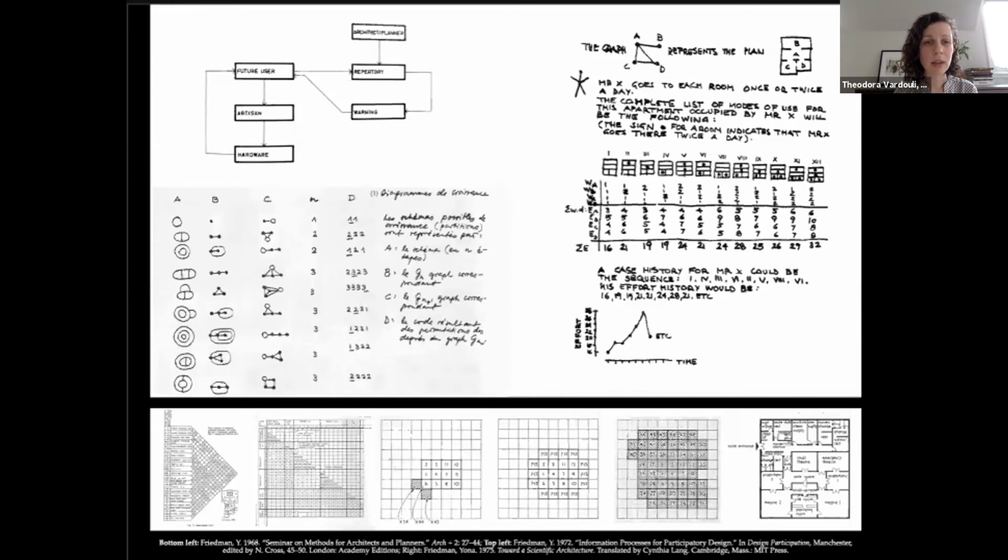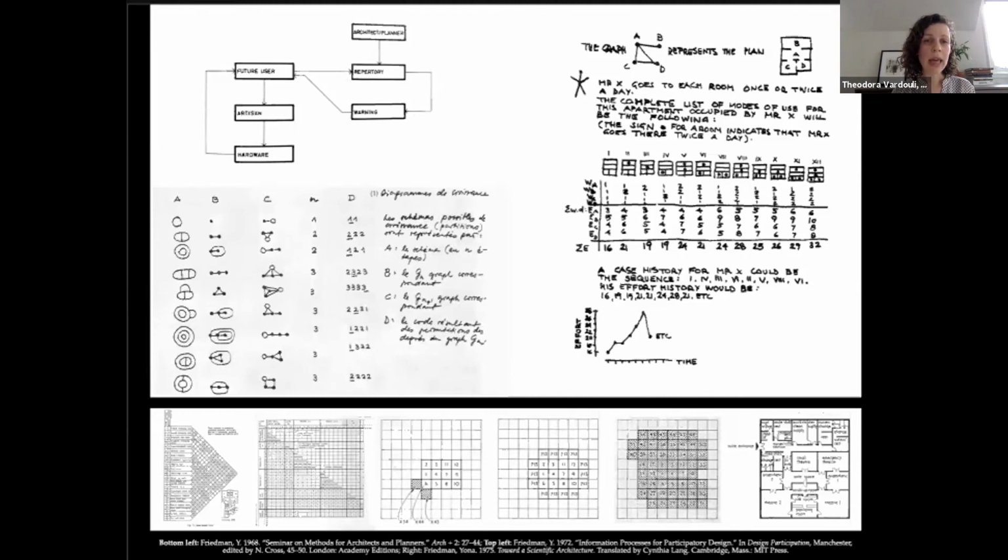So what the architect would do is present the future user with the menus that we saw earlier in some of the earlier work that I showed, really all physically possible choices for a floor plan layout.